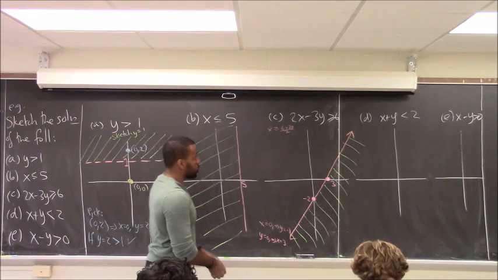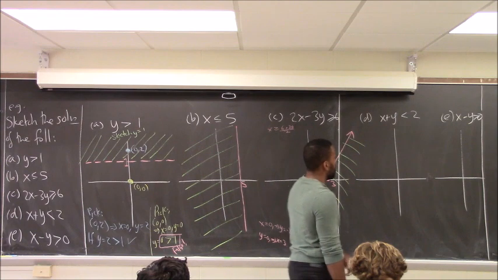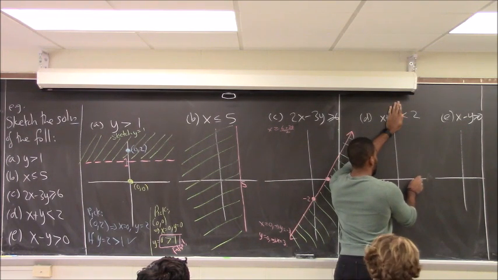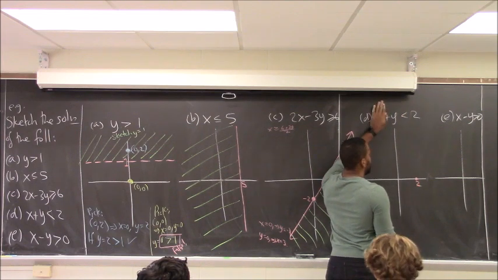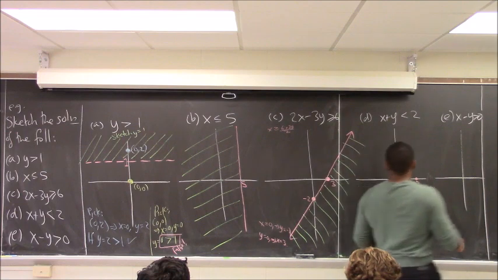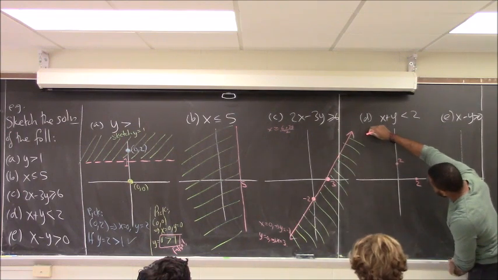Similarly, for x plus y less than 2, if I plug in y equals 0, I get x equals 2. If I plug in x equals 0, I get y equals 2. So that's just a broken line.